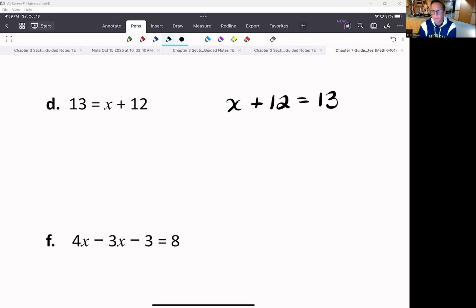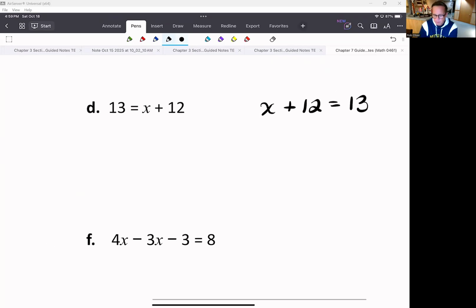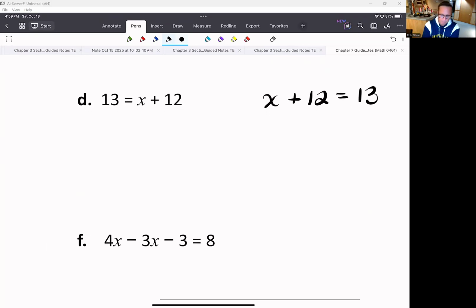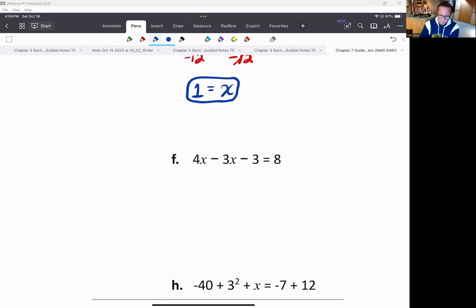You can do it that way. There's nothing wrong with that, but it adds an unnecessary step if you think about it. But we're just going to take away 12 from both sides. So 13 minus 12. Get your calculators out for that one. That is 1. And so you get 1 equals x.